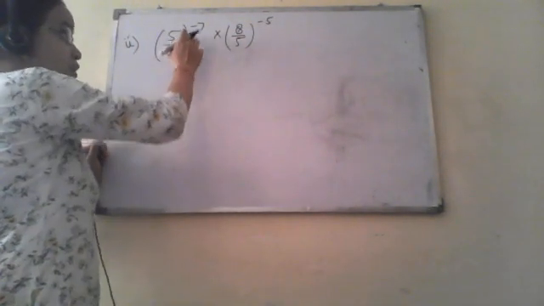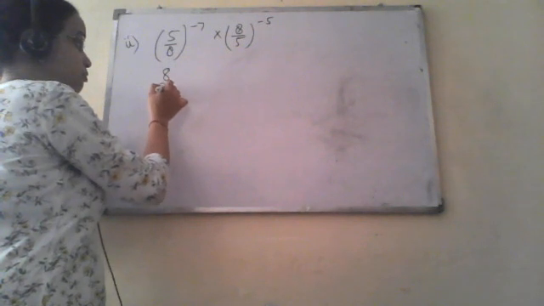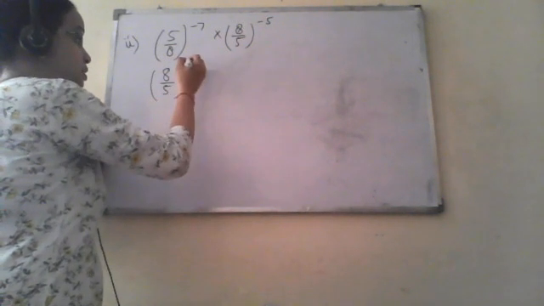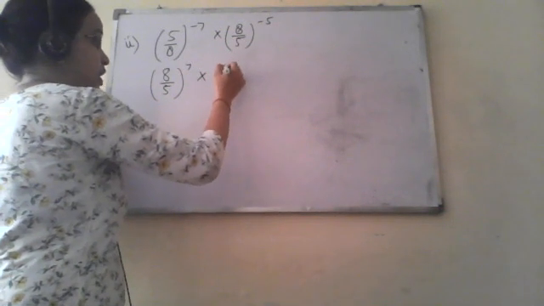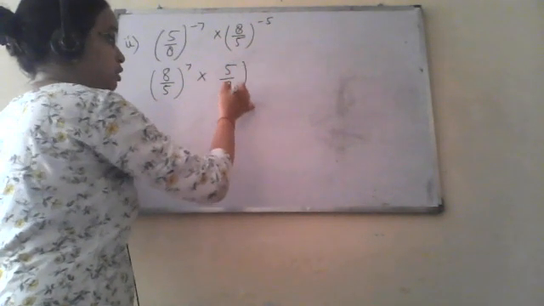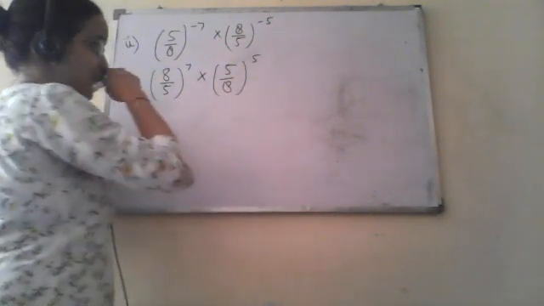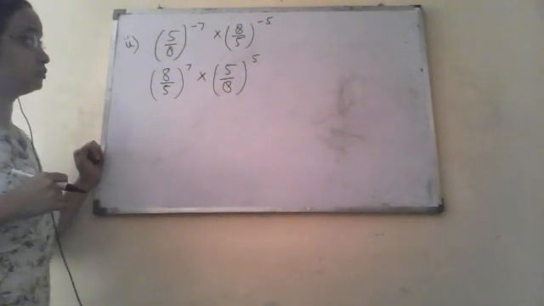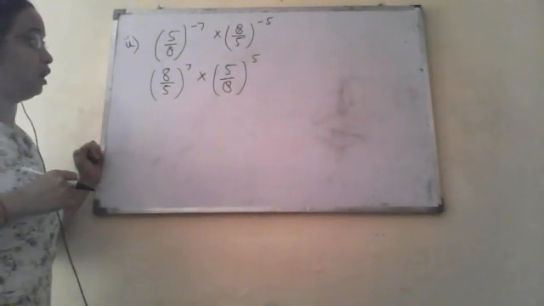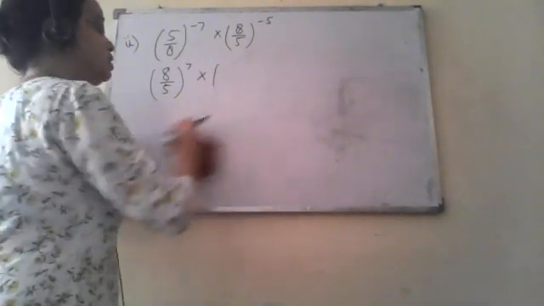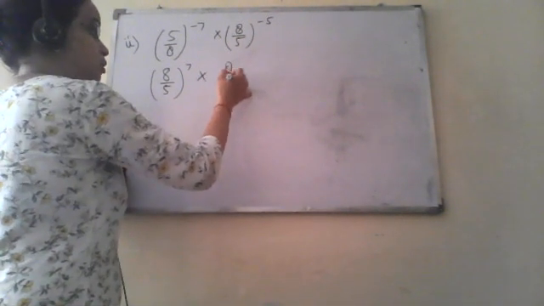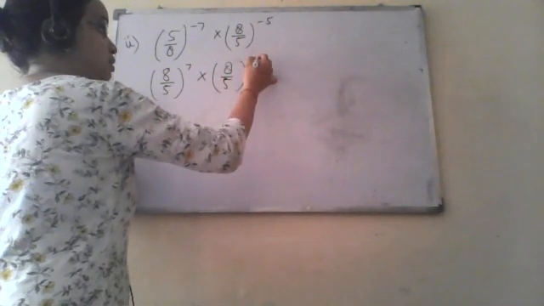Clear? Now it can be written as (8/5) to the power 7. It is (5/8) to the power plus 5. Clear? Or in order to simplify, we can simply write it as (8/5) to the power minus 5.